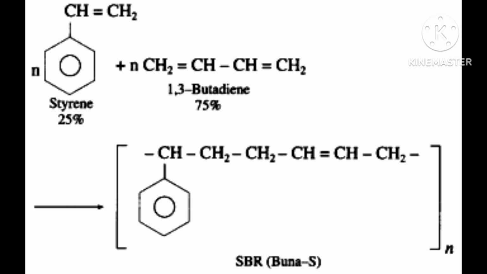Out of 6 atoms in the ring, alternate carbon and nitrogens are there, means 3 nitrogen and 3 carbon, alternate. And on each carbon NH2 has joined, on each carbon NH2 is there, means 3 NH2 at the 3 carbons.